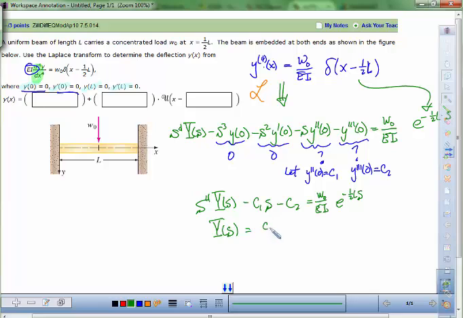Let's say C1 divided by s cubed, minus C2 divided by s to the fourth, or plus, and then a plus W naught over EI times e to the minus 1/2 L s divided by s to the fourth. Does that look okay?